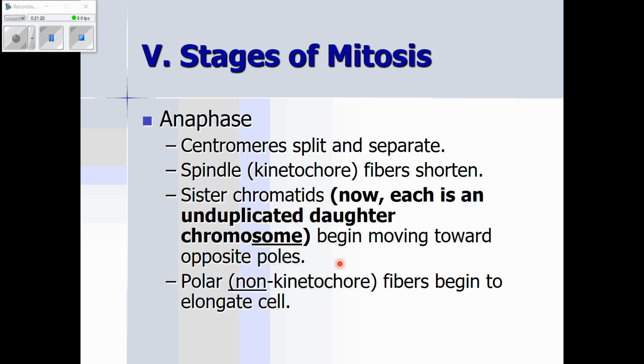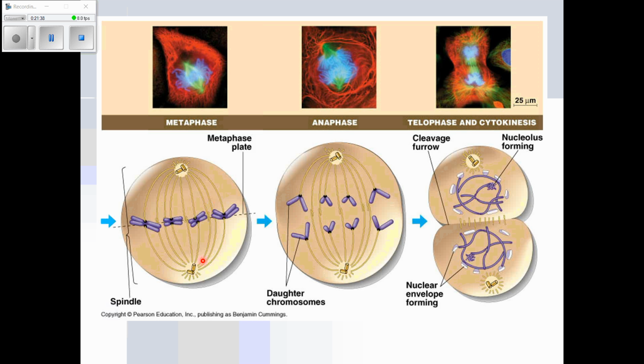That's the whole point of mitosis. So the sister chromatids, which we no longer call chromatids, they are now daughter chromosomes, begin moving toward opposite ends of the cell. This is also the point where the cell starts to become a little bit more elongated.